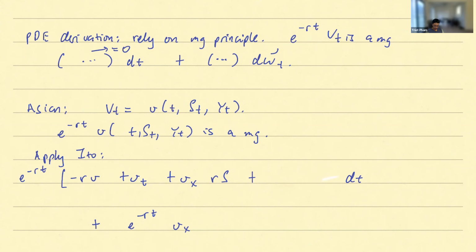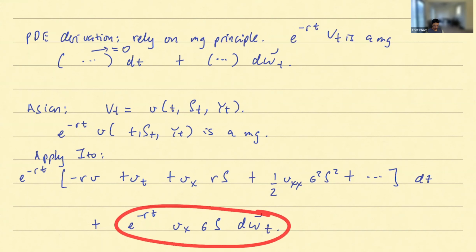I missed one half V_xx sigma squared S squared. Still, there's something else. This is the dt part, and this is minus rt V_x sigma S dW_t. So this is the martingale part, which we don't really have to care about, but let's just write that.